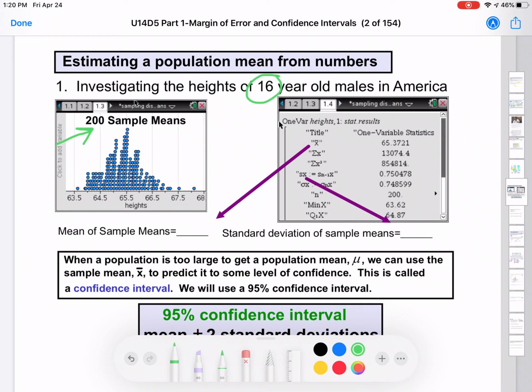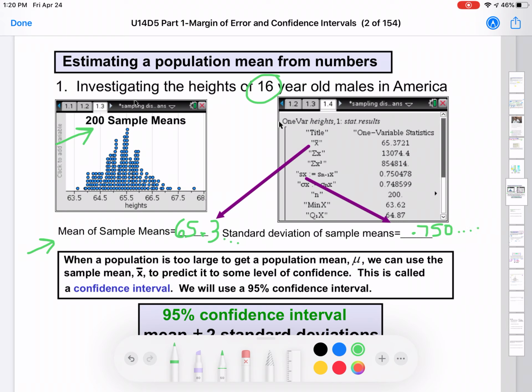Then we take that and we find the average of the average. So we say it's the mean of the sample means. It's kind of like the mean of the means. So here's our X bar, 65.3, blah, blah, blah. And then the standard deviation of the sample means is 0.750.